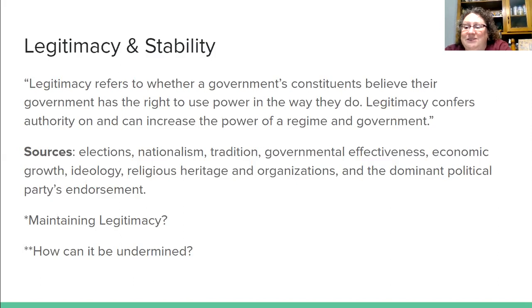And how can legitimacy be undermined? Corruption is one of the biggest ways that legitimacy can be undermined, if people don't trust the government. There are other ways, where protests get put down, when civil liberties and civil rights are crushed, if you speak out and all those kinds of things. If you view your leaders as corrupt, how legitimate is that?